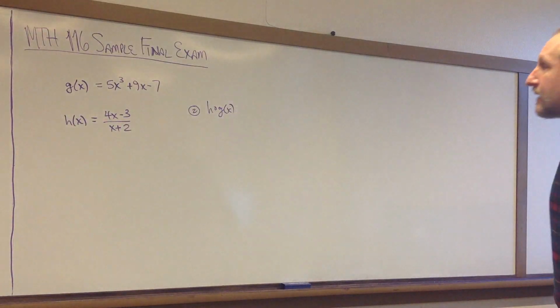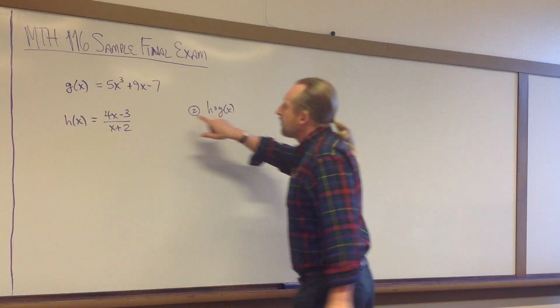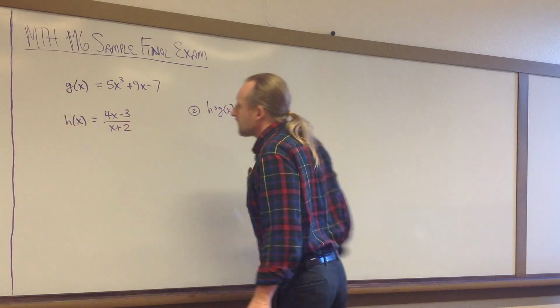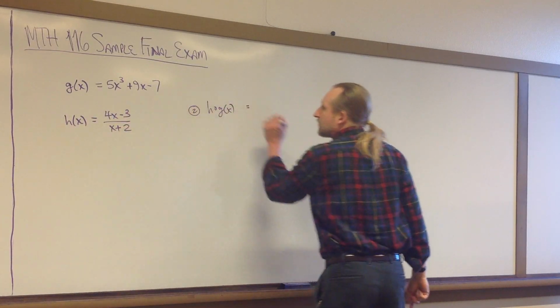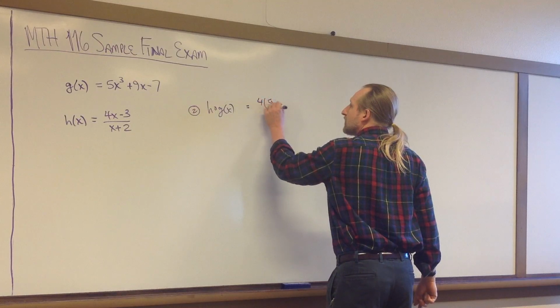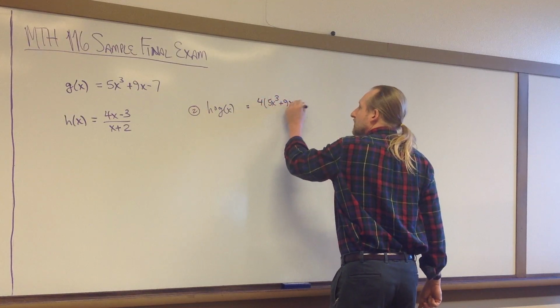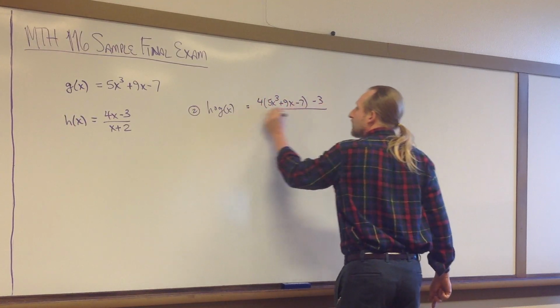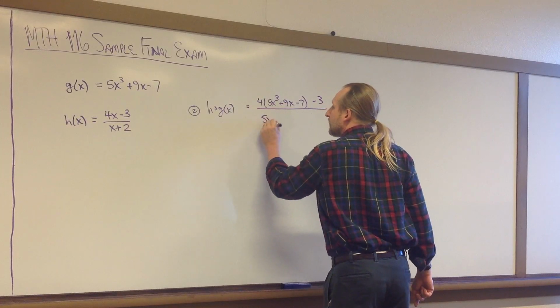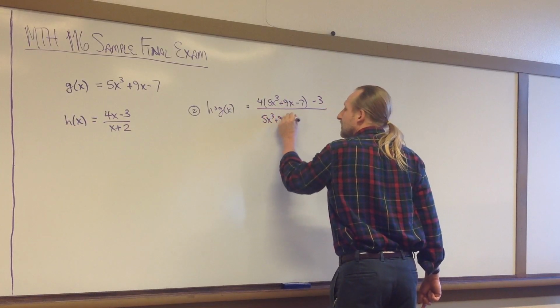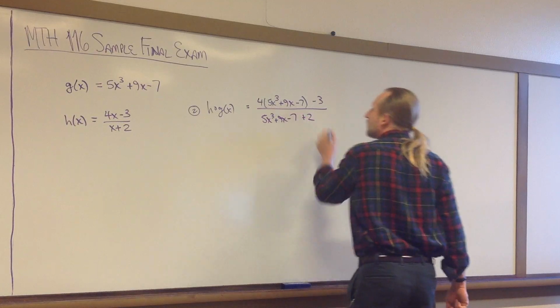So that means we need to take the g function and plug it in wherever there's an x in the h function. So that's going to be 4 times 5x cubed plus 9x minus 7 minus 3. And then 5x cubed plus 9x minus 7 plus 2.